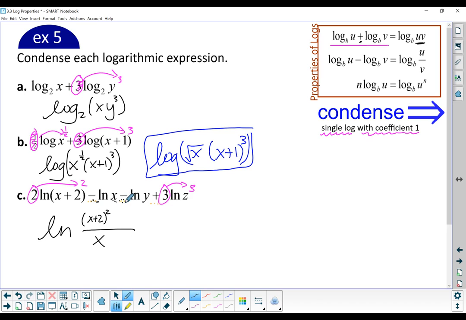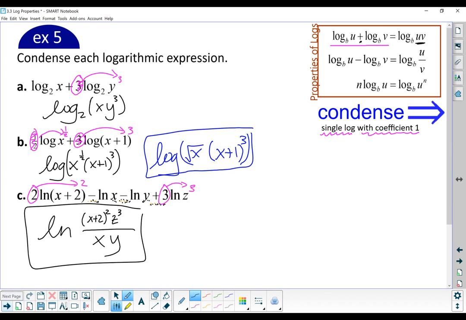The next log is negative, so its argument is going in the bottom. And the last log is positive, so its argument is going in the top. And that is a much nicer looking log than that other thing that I erased a second ago. So kind of just think about it's the log of a numerator over a denominator and just decide where each part goes in the top or the bottom.